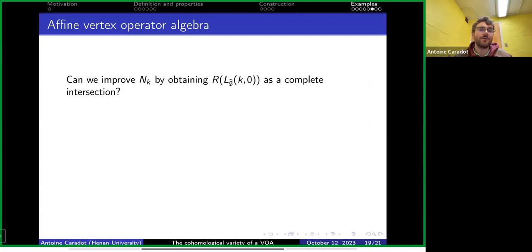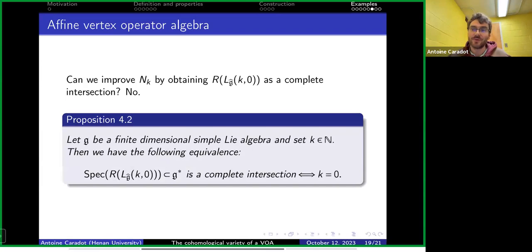So you might wonder, can we improve this bound, this NK, by giving a presentation of this ring that is a complete intersection? So there are two answers. Short answer is no. And the long, more interesting answer is given by the following proposition, that it's basically impossible to have a complete intersection because it just doesn't exist.